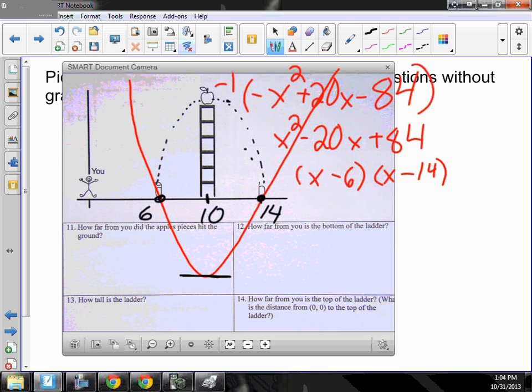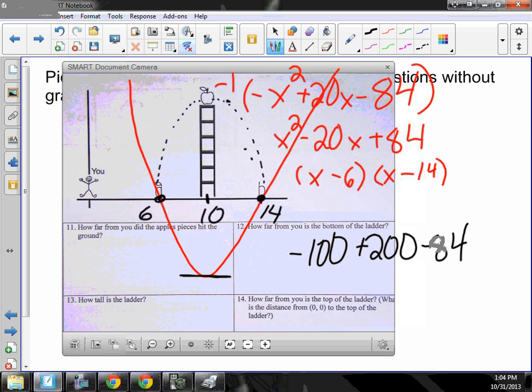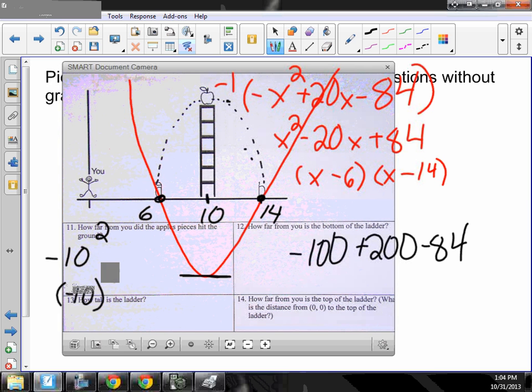So we get negative 10 times 10 is 100 plus 200 minus 84. It's not negative 10 squared. It's minus 10 squared. And that's a good point. There's a difference between negative 10 squared and negative 10 squared.